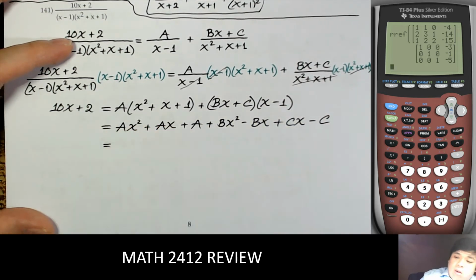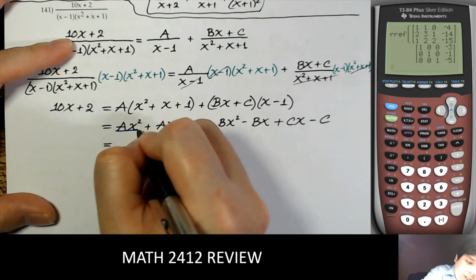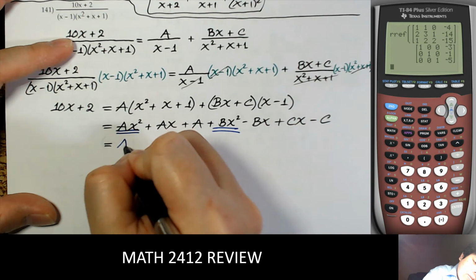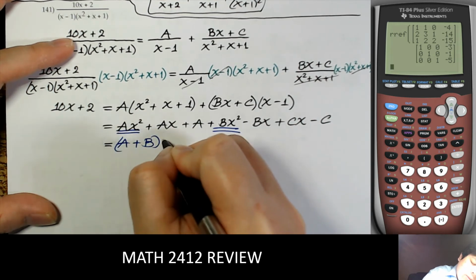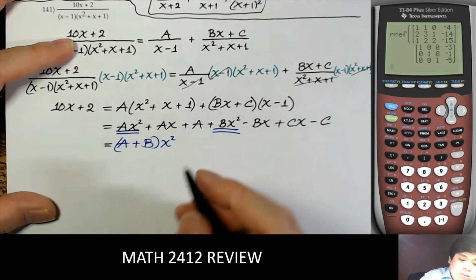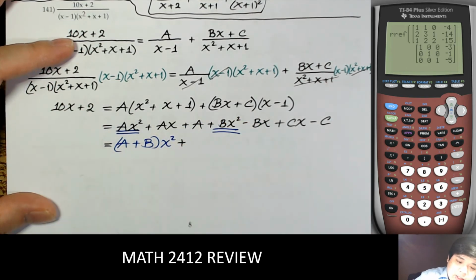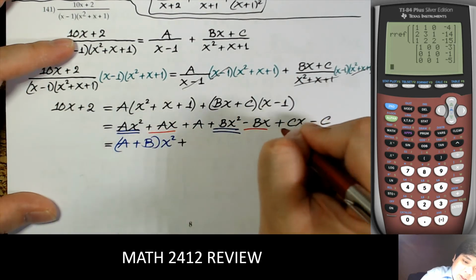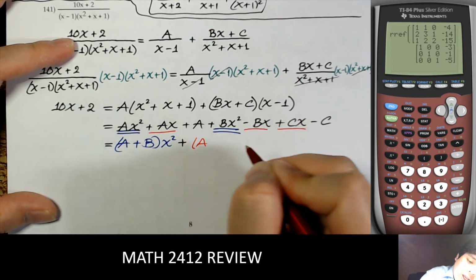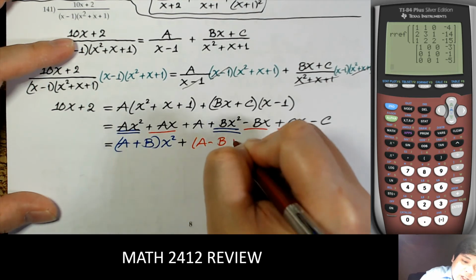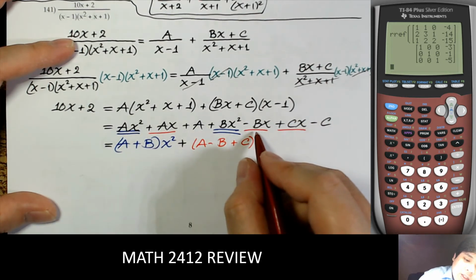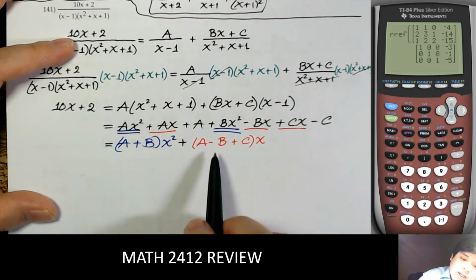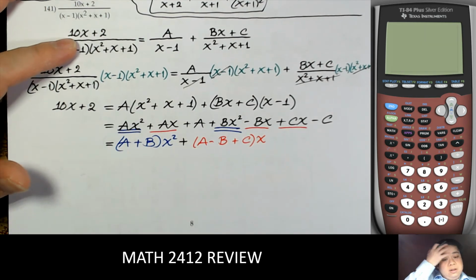Right, combine like terms: the x squared, and then the x, a minus b plus c times x, and then just a and c left.